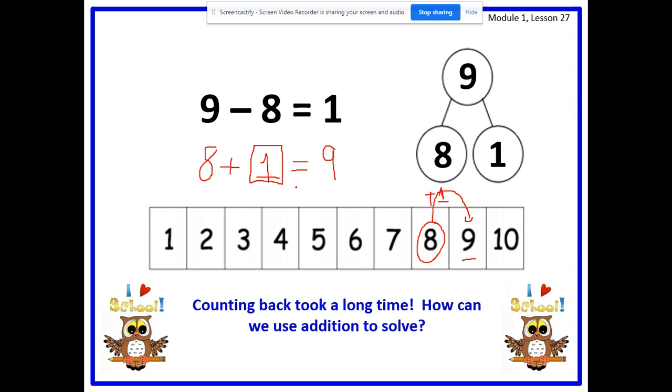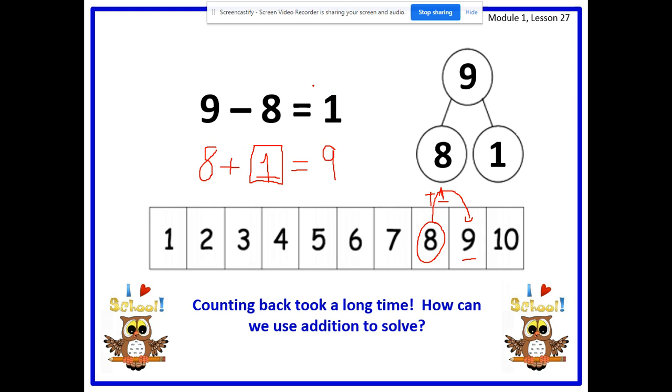So now look at the two strategies we use to solve the same problem. Because this is the same problem, it's just written in different ways. They're related facts. So did we get the same answer each time? Well, let's check.